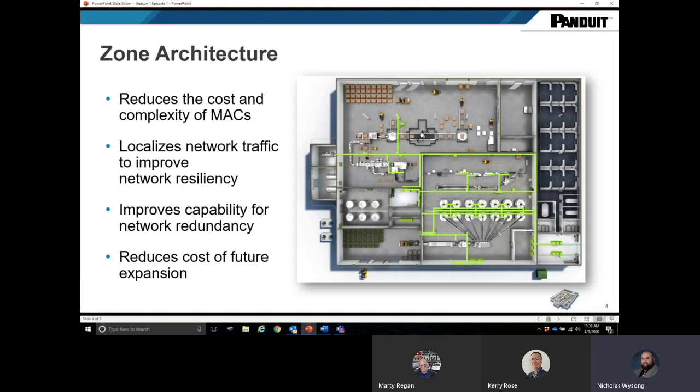From there, you would do home runs from your edge device to your layer 1 switch. Not only does this reduce the amount of traffic on the layer 3 switch, but it will make future adds and changes a lot more cost effective to deploy, as well as giving yourself a more reliable network.